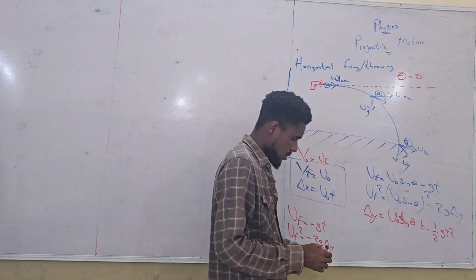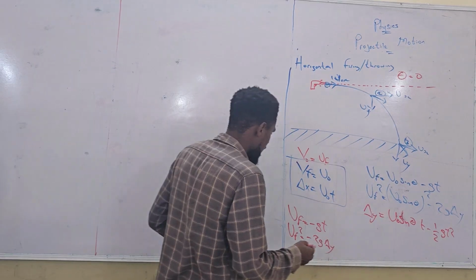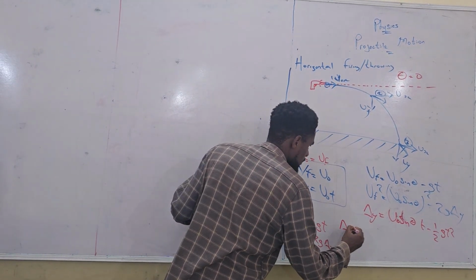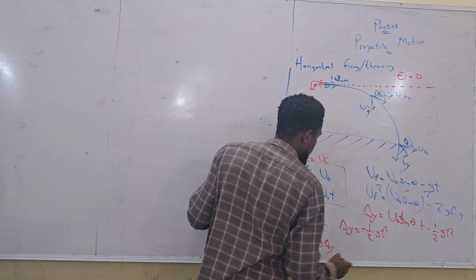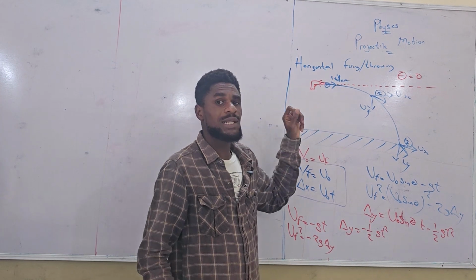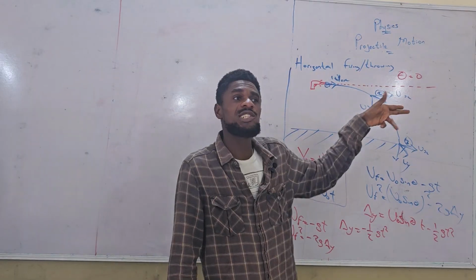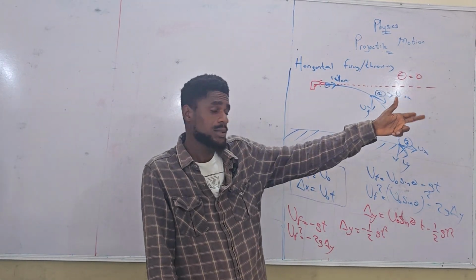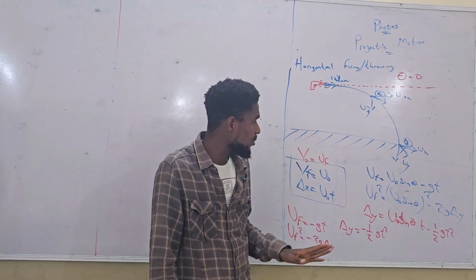And lastly, delta y must be equal to minus 1 over 2 gt squared. So if we're dealing with this type of projectile motion, where we're firing straight, then we don't need to input our cos theta and sine theta because it will be 0.